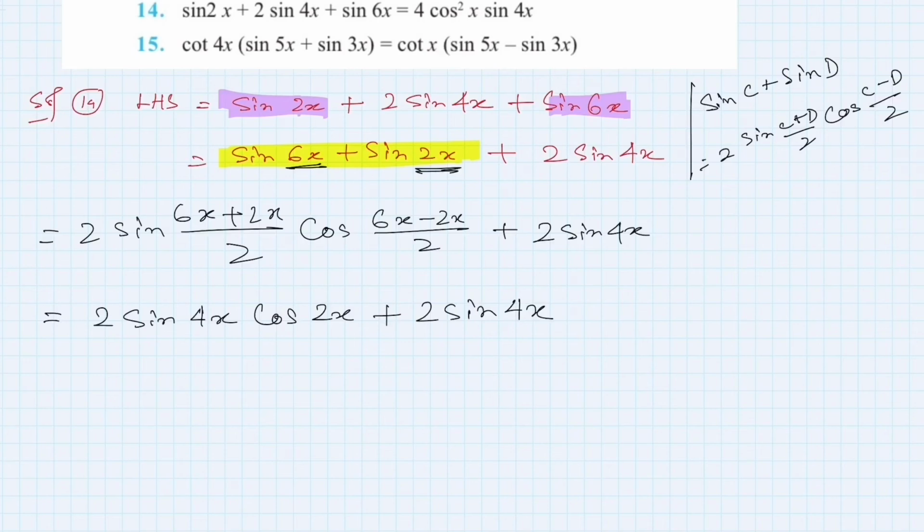Now let us take 2 sine 4x as common. On taking 2 sine 4x common, we will get cos twice x plus 1.